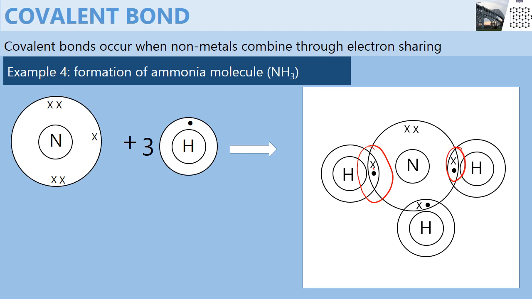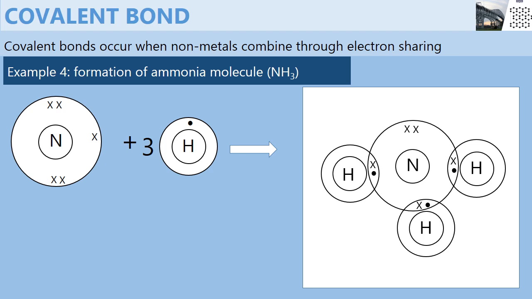The same here, same here. In the end, for hydrogen, it has 2 electrons. Same for this one, same for this one. Now for nitrogen, it has 8 because we have 1, 2, 3, 4, 5, 6, 7, 8. So they all satisfy the stable configurations.